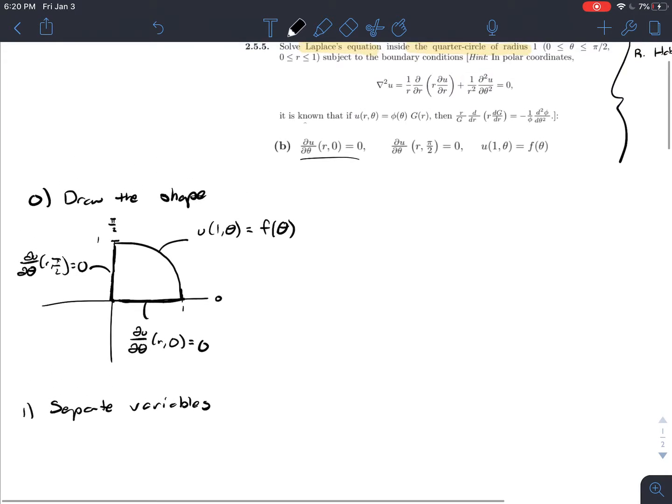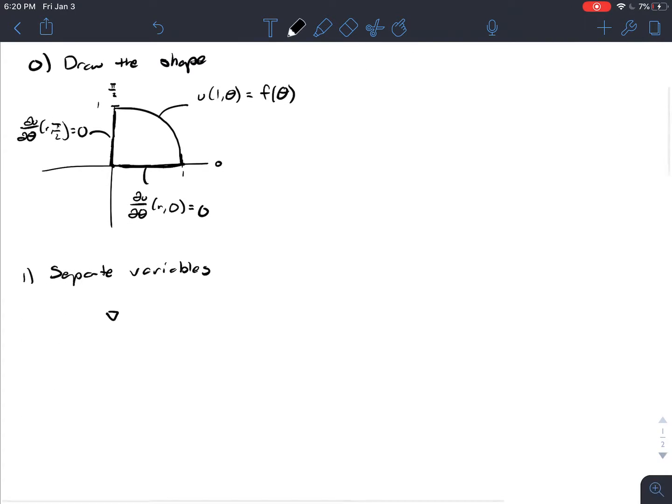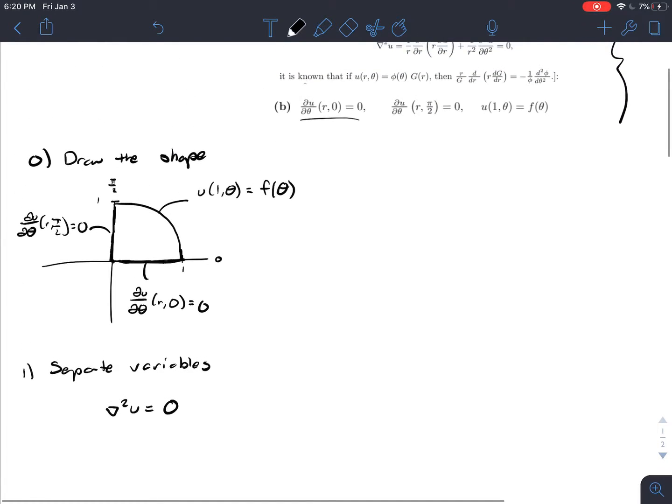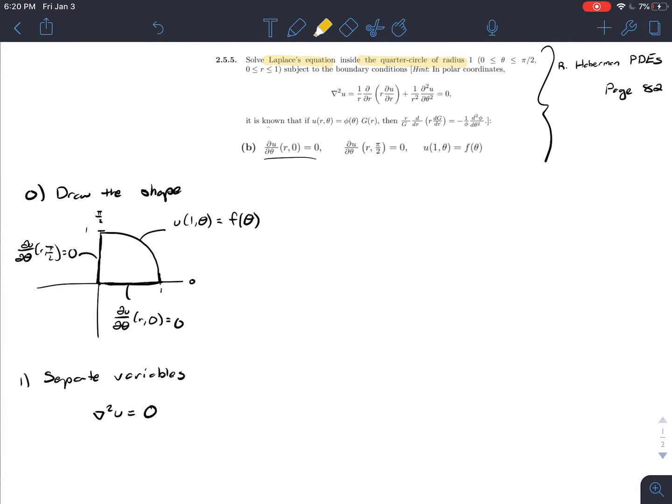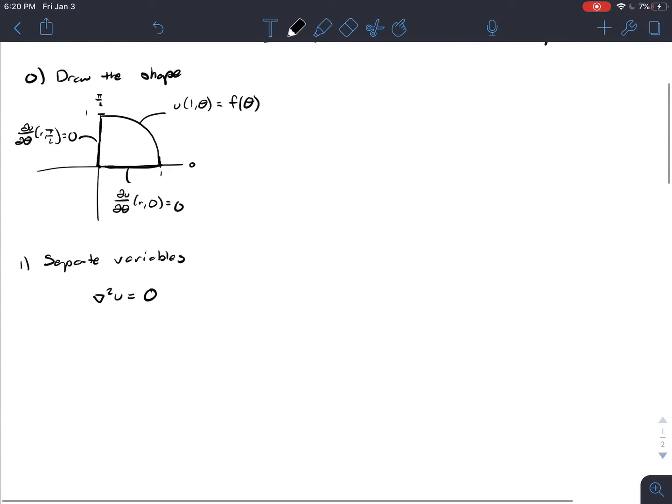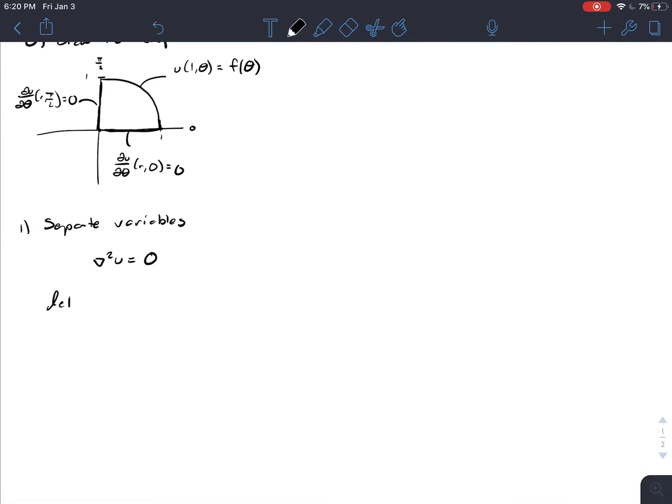So now what we're going to do is separate variables. In order to do that, we take the Laplacian of u and separate it into its corresponding r and theta components in polar coordinates. Conveniently, we're given this nice hint right here, and we're also given the Laplacian of u. They basically already separated variables for us.